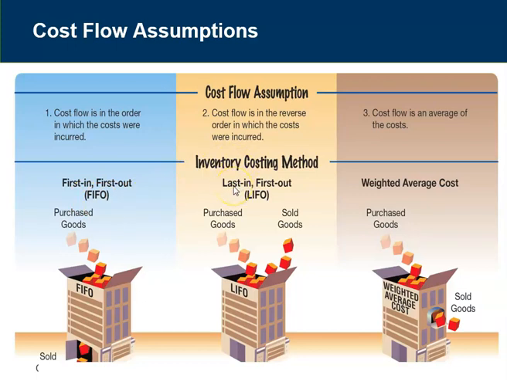We have last in, first out, or LIFO costing method, and then we have what's called weighted average cost. And if we look at these little diagrams, it'll help us a little bit here. What we're saying is, if this is our stock of inventory here, this box, whatever we put in first is assumed to be the item that is sold first.